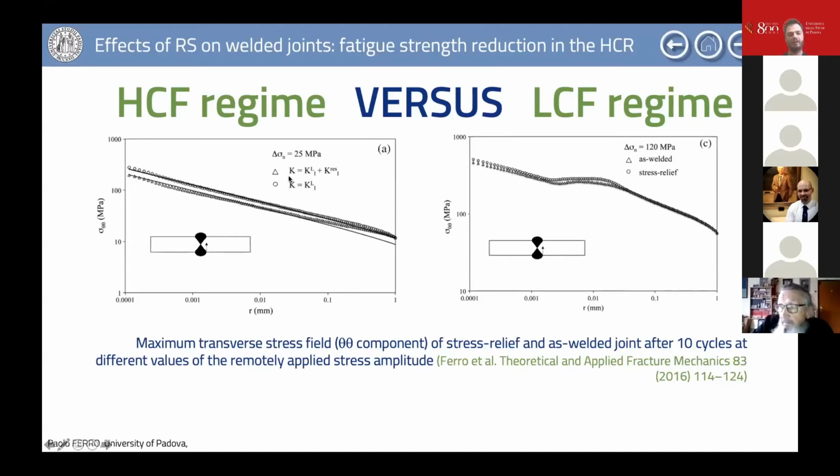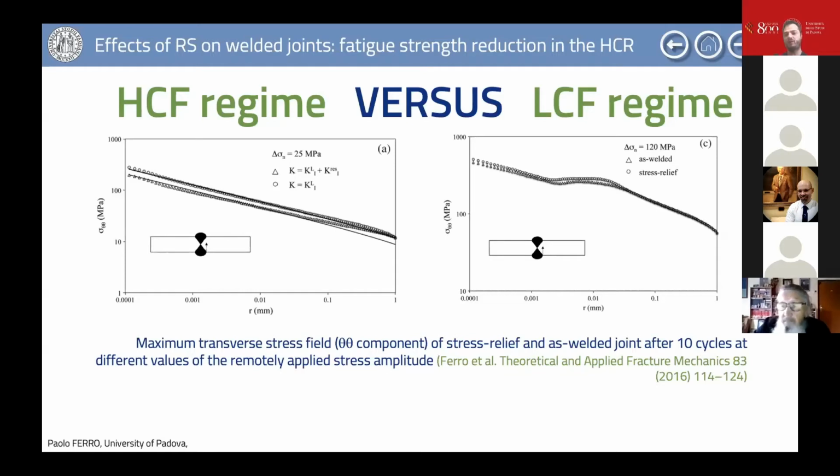And we found different values of the notch stress intensity factors in the stress relief state compared to the as welded state. So we can see that it is this difference that can change the strength of the joint in the high cycle fatigue regimen.